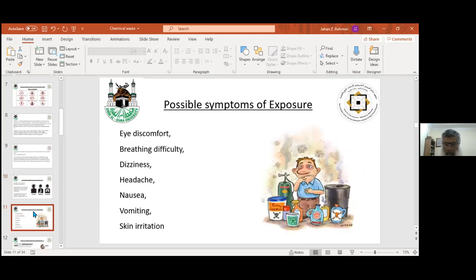Now, this is for the lab, and it is also for the normal atmosphere. If you are feeling any of these symptoms, it means you are exposed to the chemicals around you.